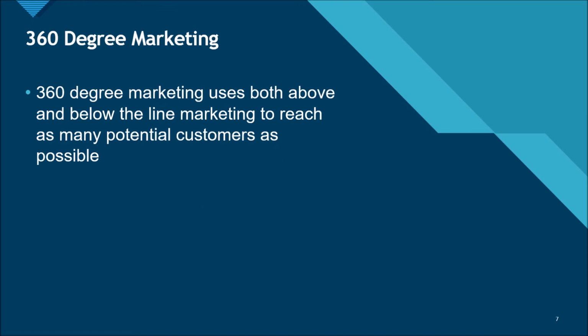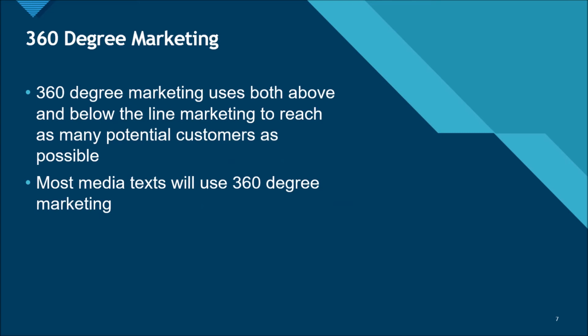Now FIFA 21 will start with below the line marketing to build up a buzz among its most core audience, which is people who are more likely to have bought a version of FIFA in the past, and then as you get closer to the release date they will go to above the line marketing, and above the line marketing you will suddenly see FIFA 21 adverts, maybe on the telly, at the cinema, on bus shelters and on billboards, and this is to try and attract people who maybe are going to buy it as an impulse buy, or maybe buy it for a friend or as a present or something like that.